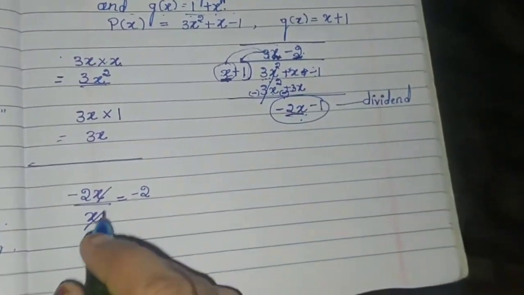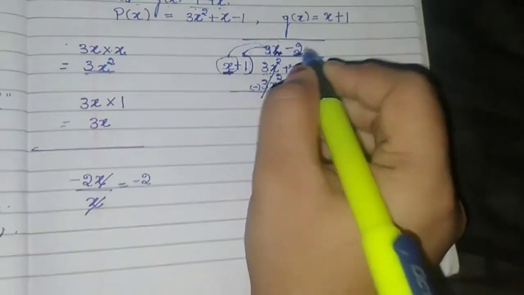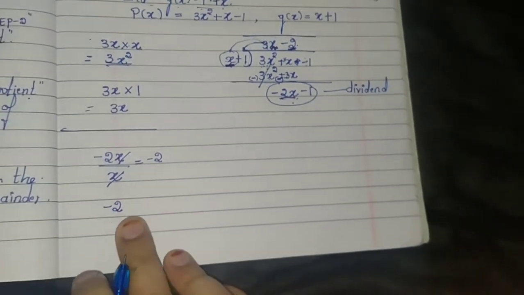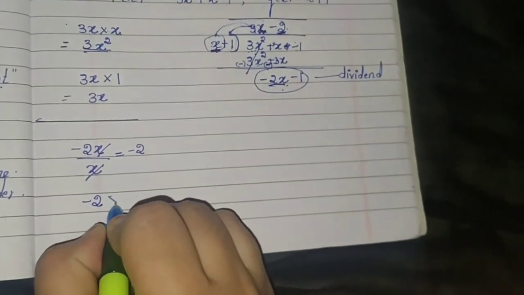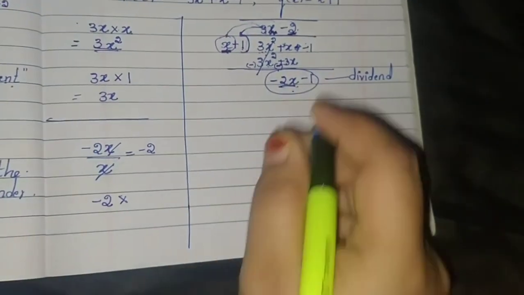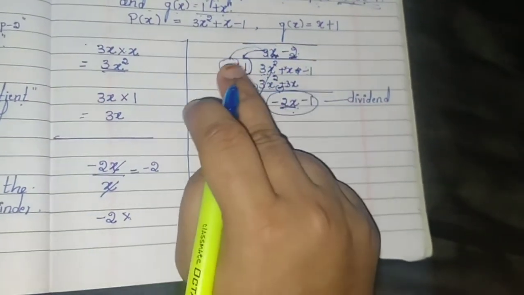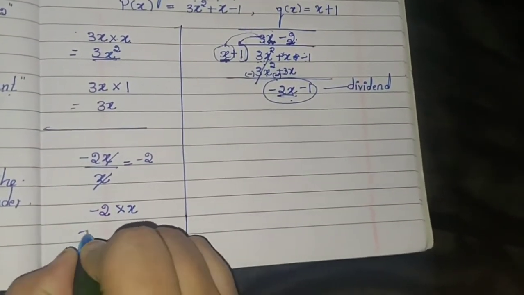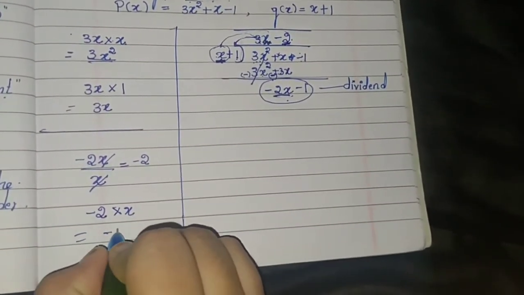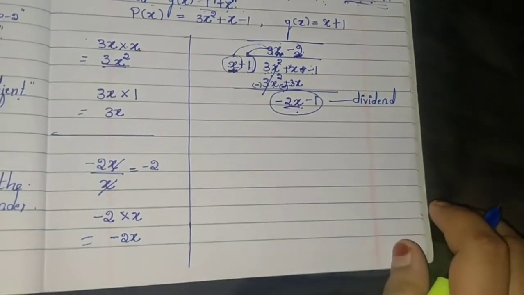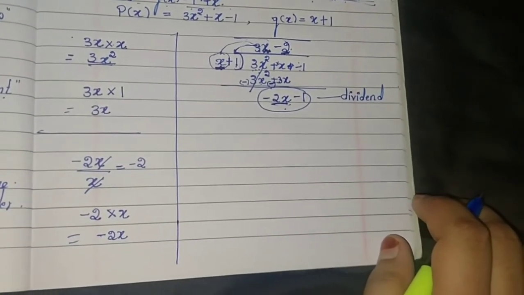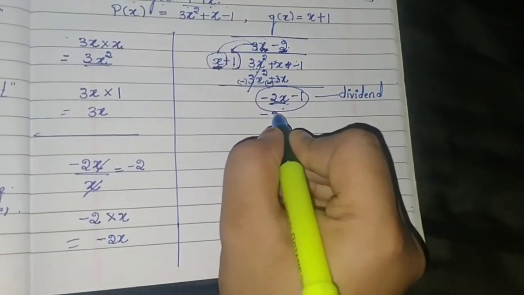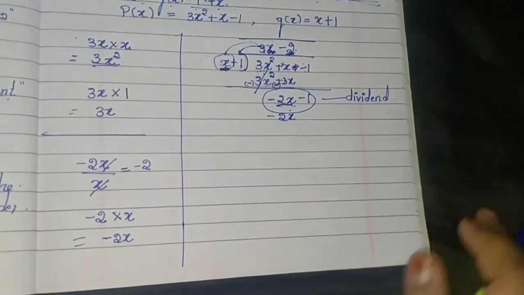So first, the second term of the quotient, that is minus 2, isn't it? The second term of the quotient multiplied by the first term of the divisor: minus 2 into x is nothing but minus 2x, isn't it? So what do you have to do now? That minus 2x, you have to write below the dividend.